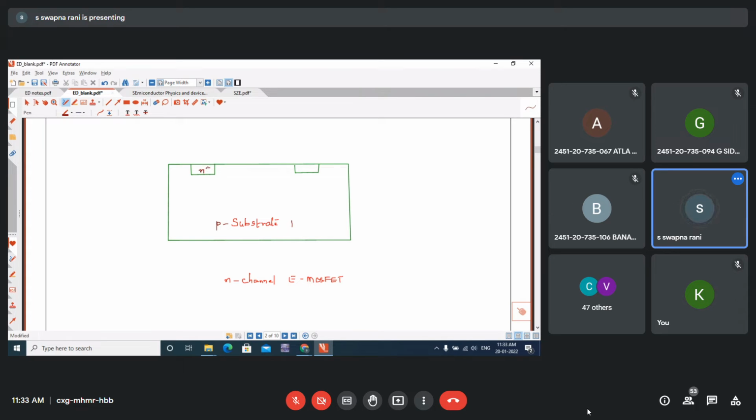Now over the surface of the substrate, we will deposit, we will grow a thin layer of SiO2, silicon dioxide.